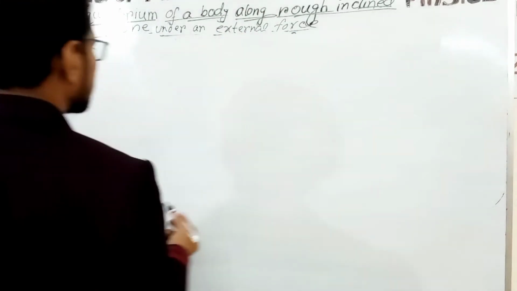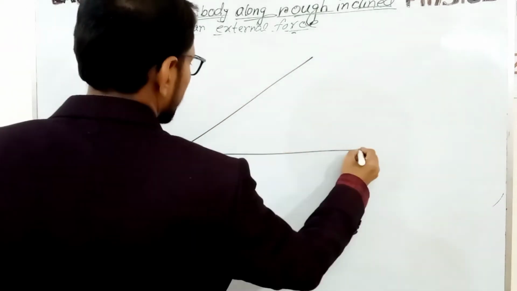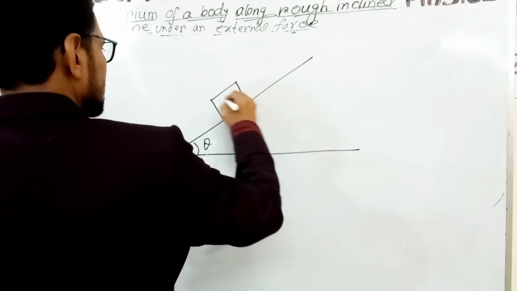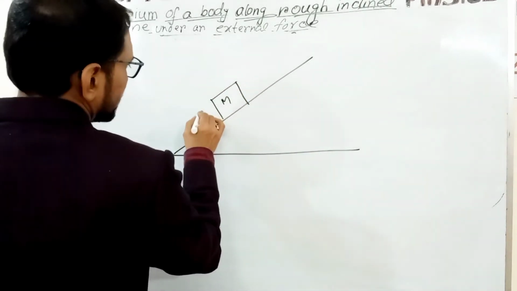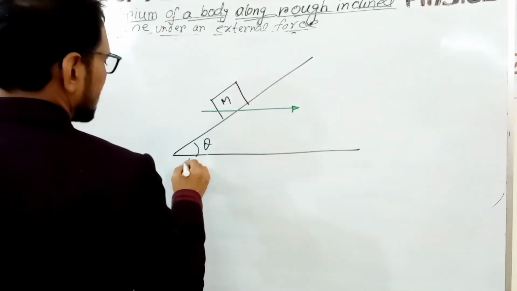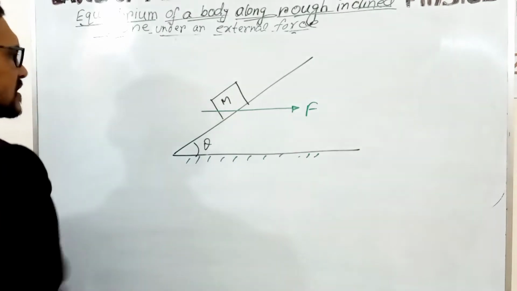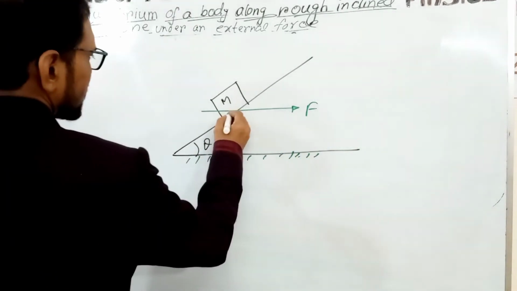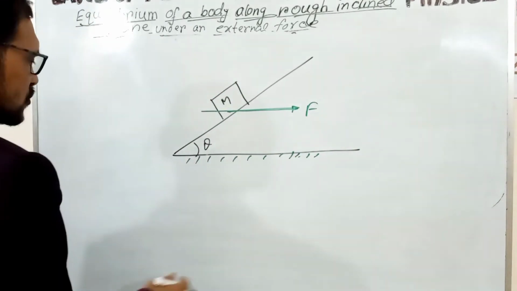Now the third situation: suppose this is an inclined plane and the body is present here. Now force F is applied parallel to the horizontal ground. What is the minimum force required such that the body is in equilibrium?